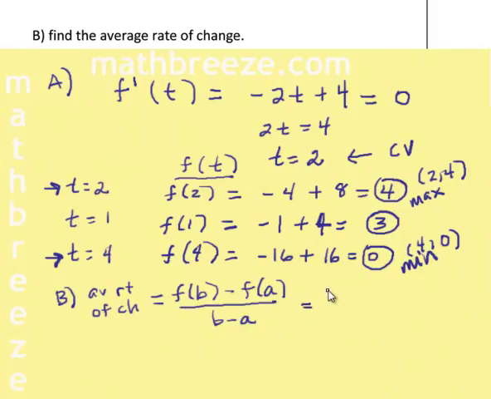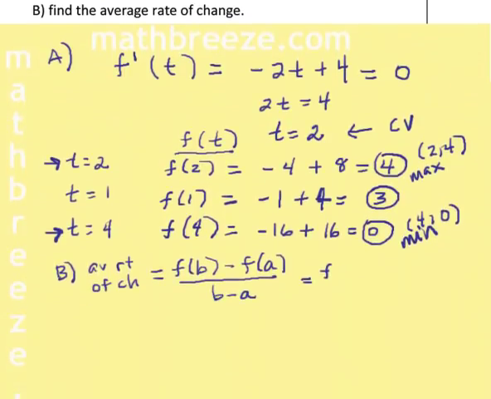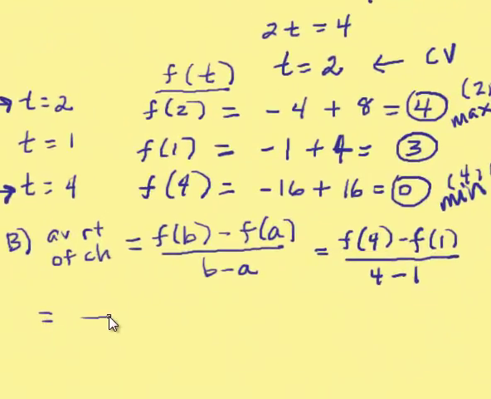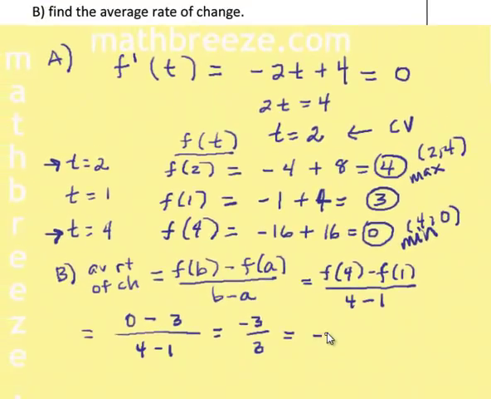So in our case, the interval is [1, 4], so we have f(4) - f(1) over 4 - 1. f(4) is 0. f(1) is 3. And 4 - 1 is 3, so we have -3 over 3, or an average rate of change of -1.